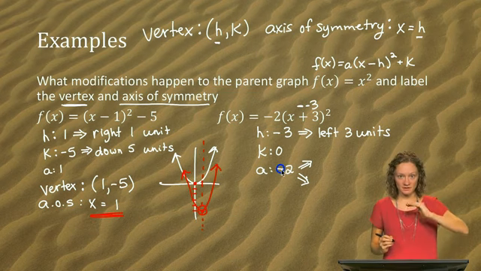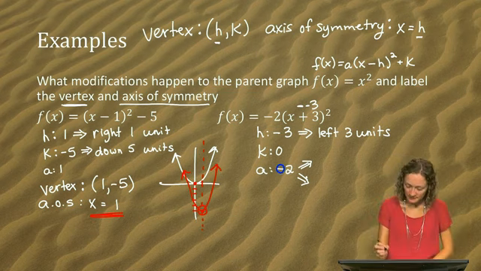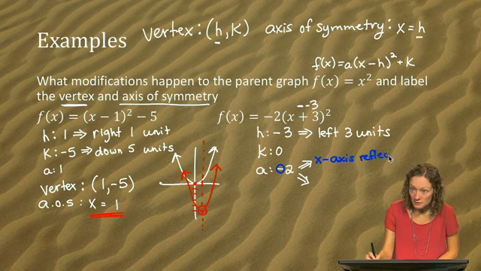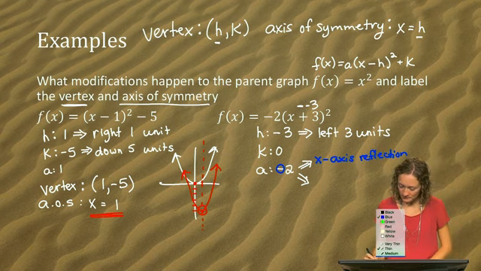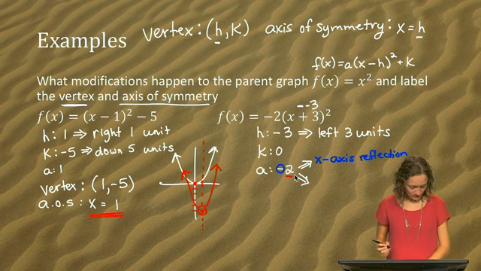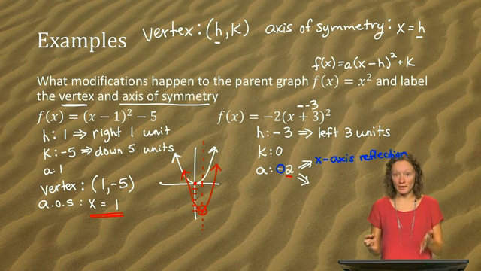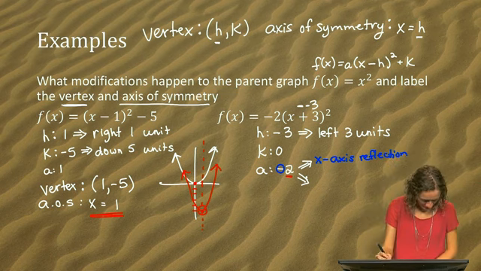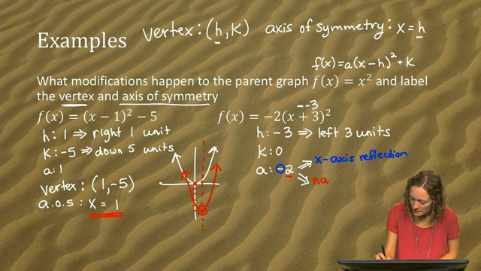The negative causes the x-axis reflection. And the 2 itself is a positive, a number greater than 1. We look at the absolute value of it, so it's a number greater than 1. And this causes the graph to be narrower.